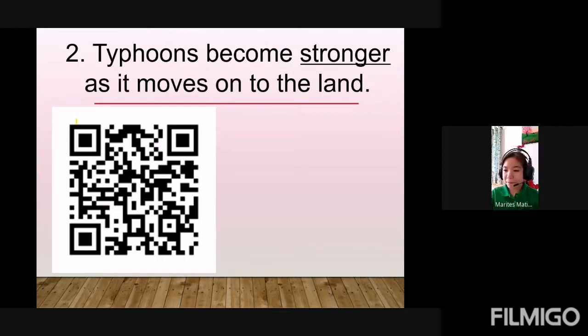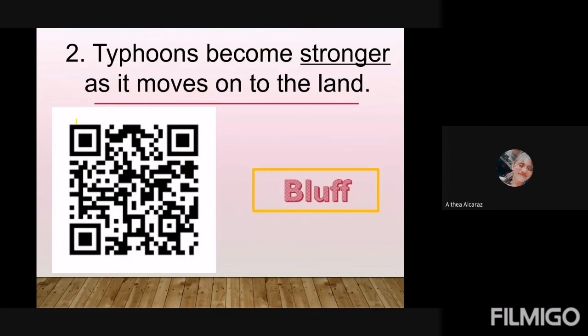Typhoon becomes stronger as it moves on the land. Okay, so the answer will be bluff. Yes, bluff. Typhoons become weaker. Dapat, di ba? Weaker as it moves onto the land. Okay, very good. Palakpakan natin yung mga nakakuha ng tamang sagot. Halos lahat.